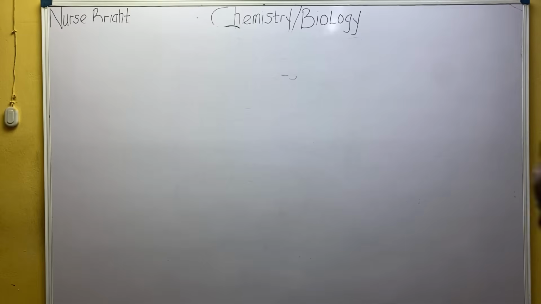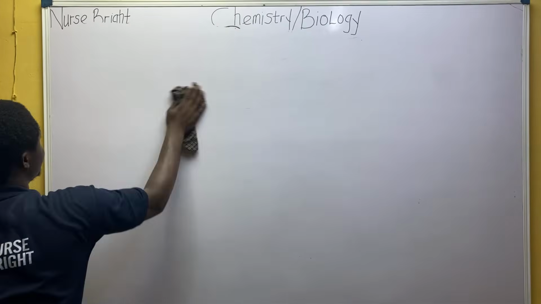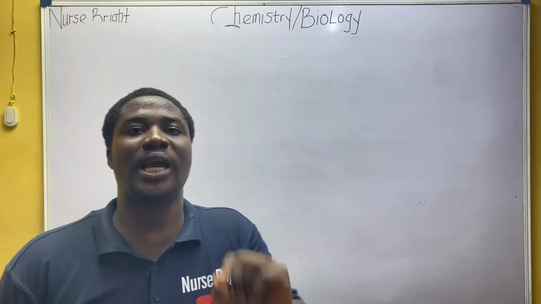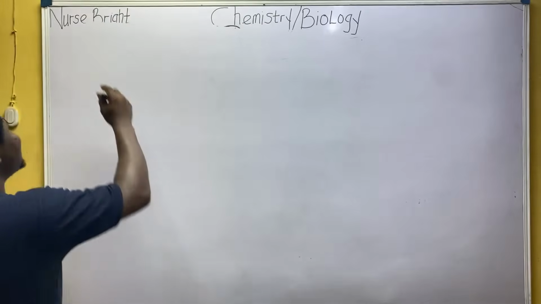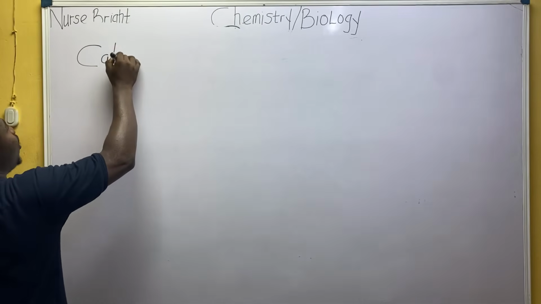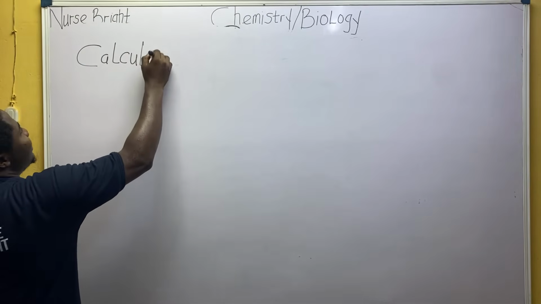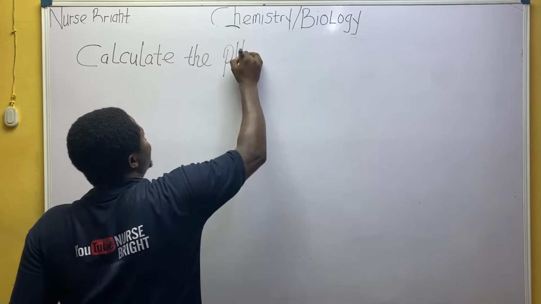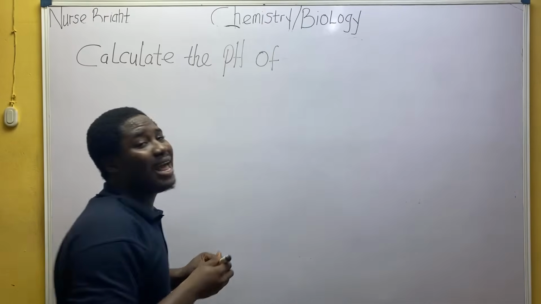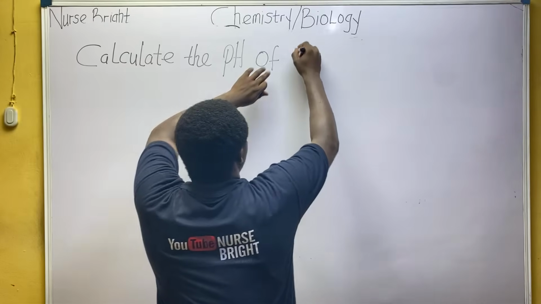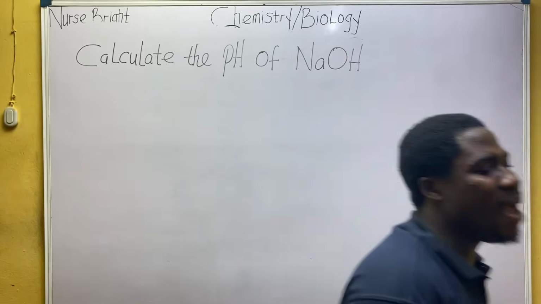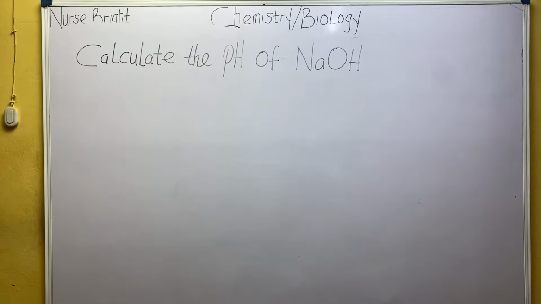Alright, everyone listen well. Let me quickly say something before I go into conjugate acids and conjugate bases. For instance, you are asked a question in your exam on these pH calculations. I'm not going to solve the question, I just want to tell you something. They say, calculate the pH of sodium hydroxide. Everybody pay attention. Remember I said that pH deals with acids.